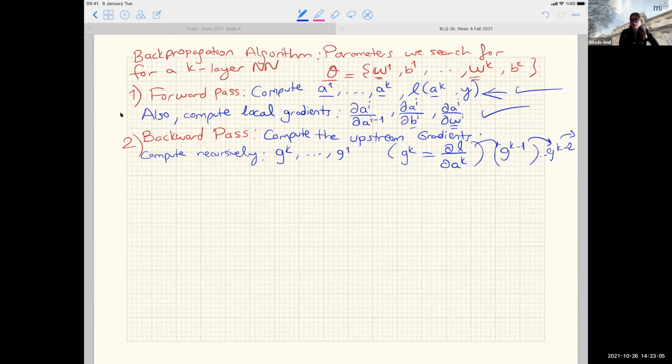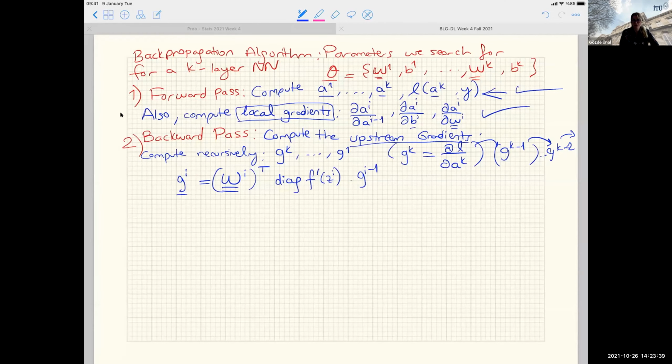Just remember, from today, you need to calculate local gradients. You need to calculate upstream gradients. And how did we do them? We calculated actually the formula: G_i is really this W, the weight matrix, transpose, times the diagonal matrix with the f prime, the nonlinearity, on its diagonals of Z_i, let's say, times G_(i-1).